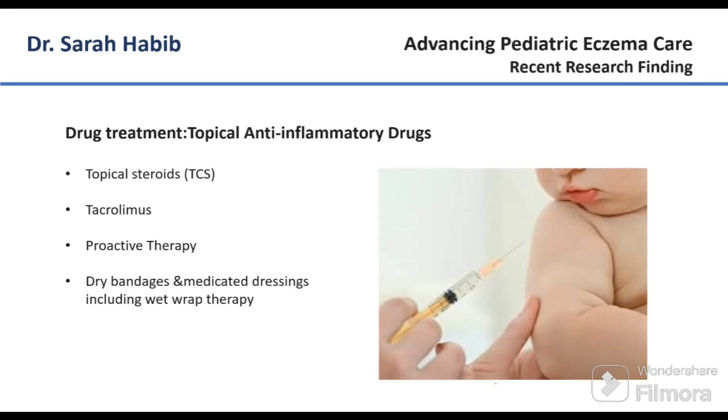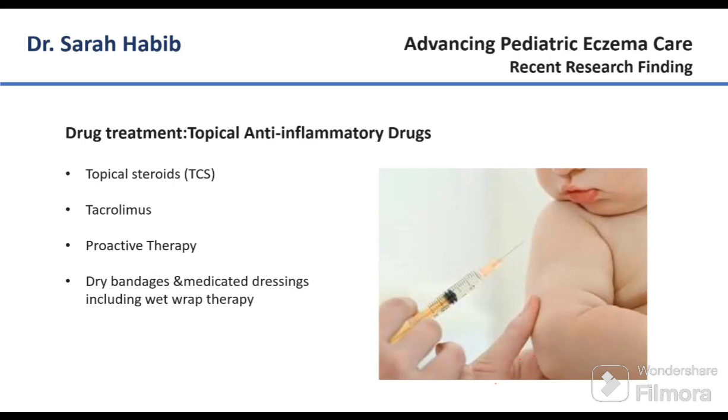In children, we prescribe 0.03% tacrolimus for a certain time to avoid side effects. Choosing topical steroids for atopic dermatitis is a very huge topic. I would love to talk about it sometime later, but this is another chapter in itself.